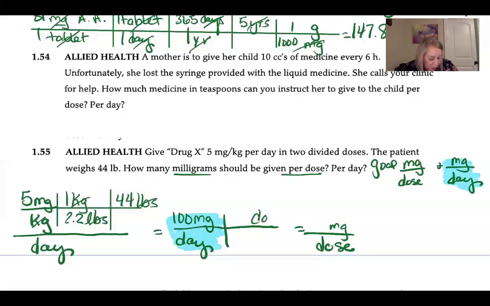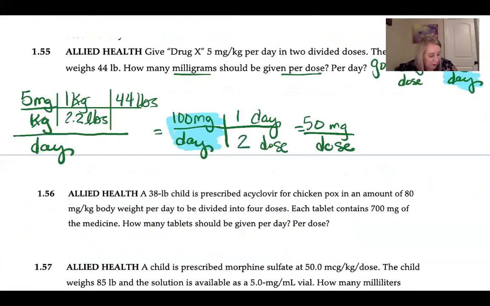So how am I going to get rid of day and then get dose? Am I given a conversion factor? Yes, because I know in 2 divided doses, this is what we're going to give per day. So I know in 1 day, the patient's going to get 2 doses. So that should be 50 milligrams in each dose. Okay, make sense? All right.